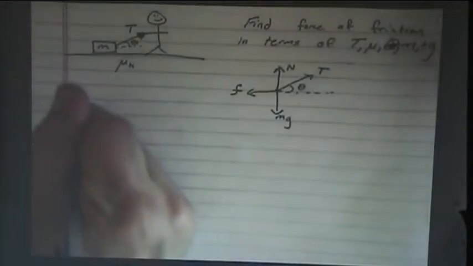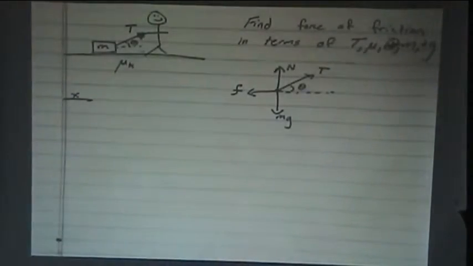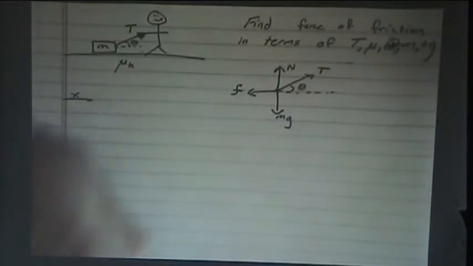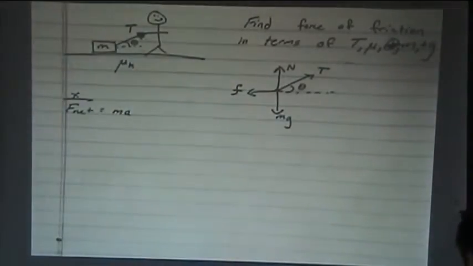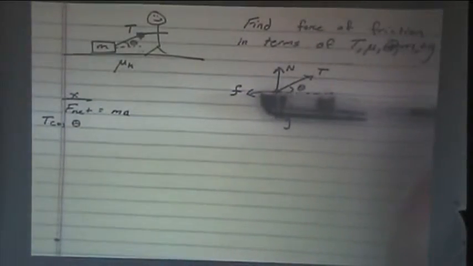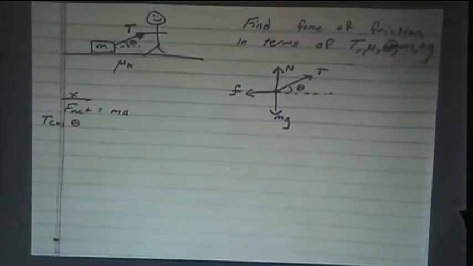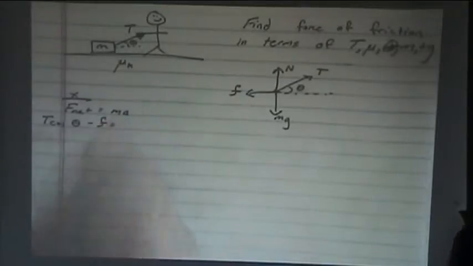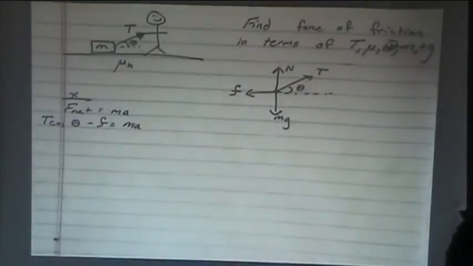Now, we want to know the force of friction, and so I'm going to go ahead and start by writing my x direction, and we can say that F net equals m times a, and what we can say is that T times the cosine of theta, because again, if I'm working horizontally, I'm going to get a component that is adjacent to the angle, so I got to use cosine, minus friction equals m times a.